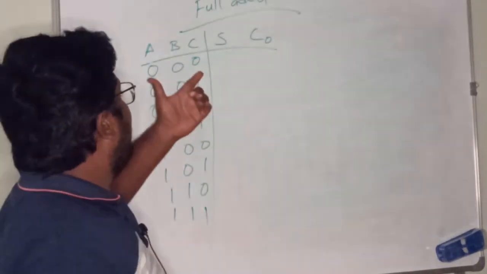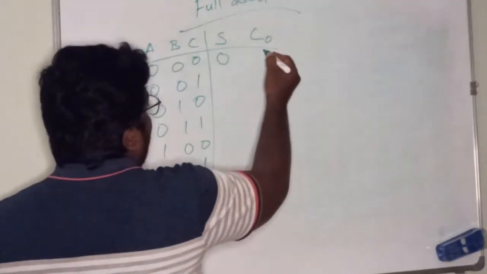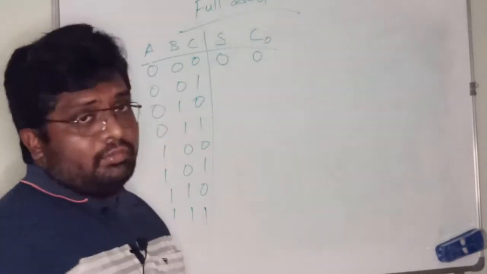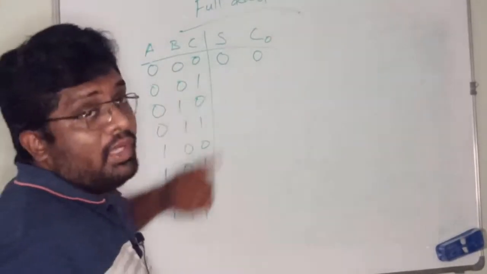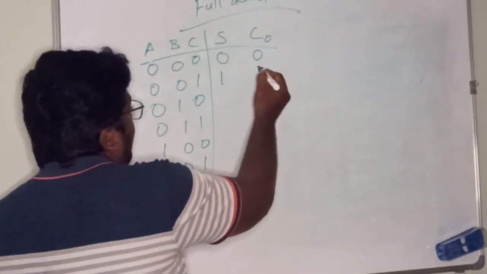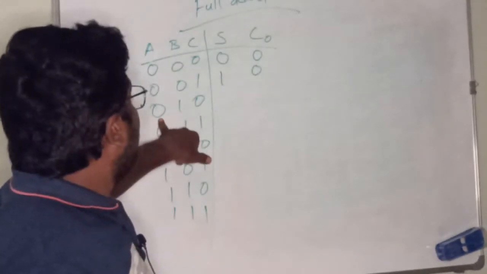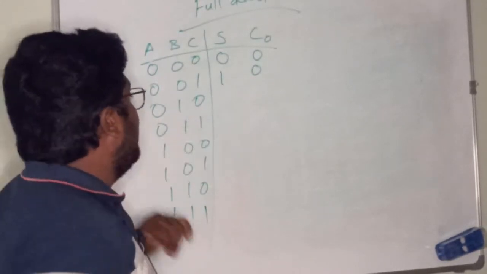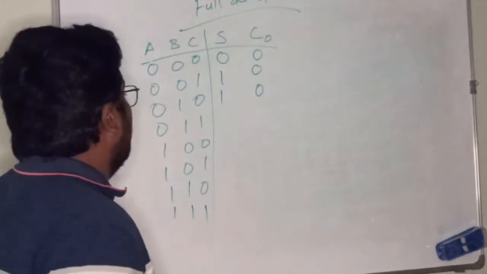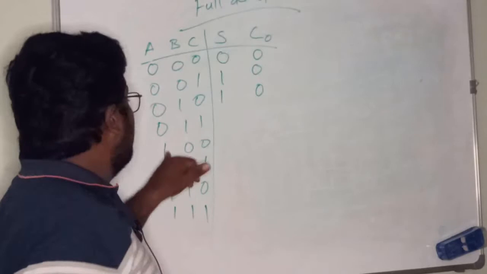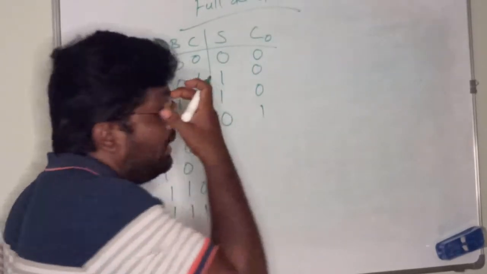When you are performing the addition of 0, 0 and 0, sum will become 0 and the carry will become 0. When adding 0, 0 and 1, sum will be 1, carry will be 0. When adding 0, 1 and 0, sum will become 1, carry will become 0. When adding 0, 1, 1, sum will be 0 and carry will be 1.